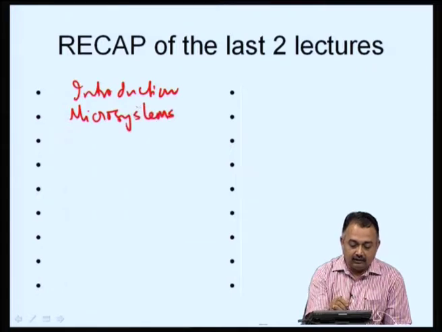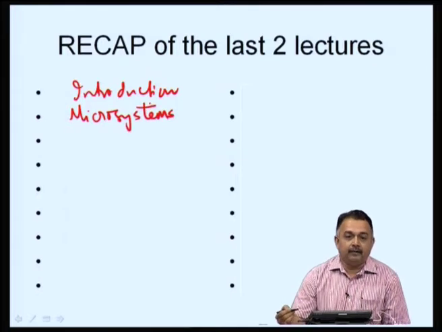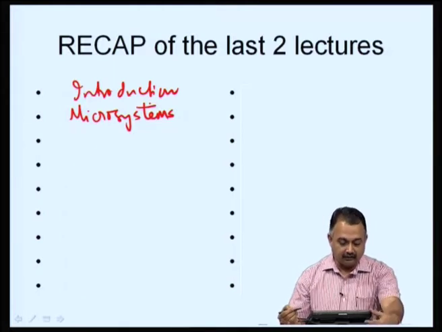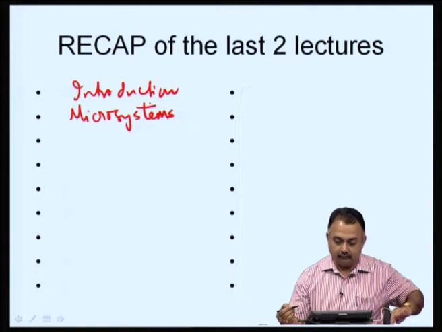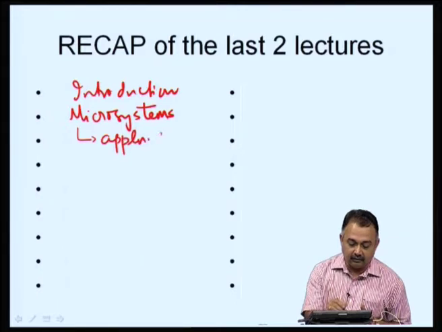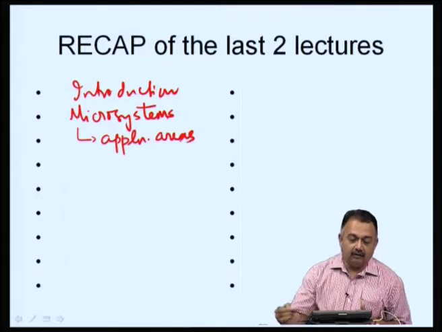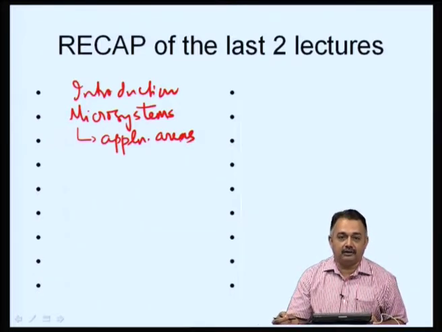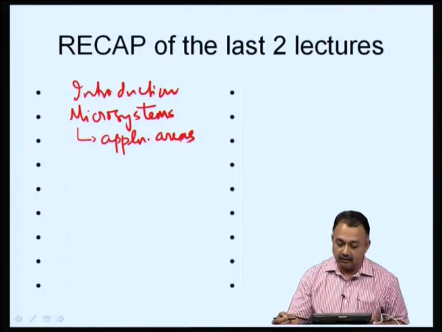I am introducing this term because many products today come under this classification. Then we have seen various application areas, right. We have seen system configurations in the field of automobiles, consumer electronics, communications, military and so on.